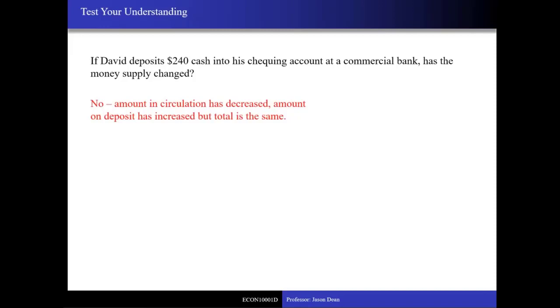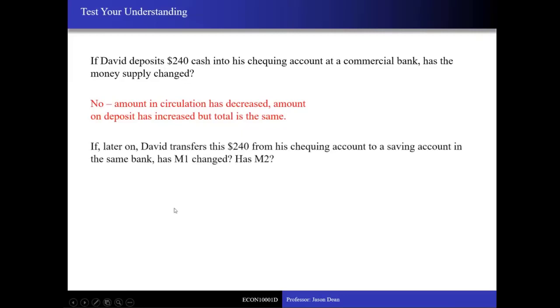So it's still included in M1, and all of the different definitions of the money supply include M1. So nothing has changed. The only thing that's changed is the composition of M1: there's $240 less of currency in M1, but $240 more of demand deposits. The overall money supply wouldn't have changed.